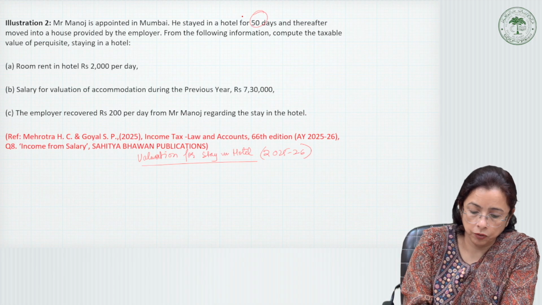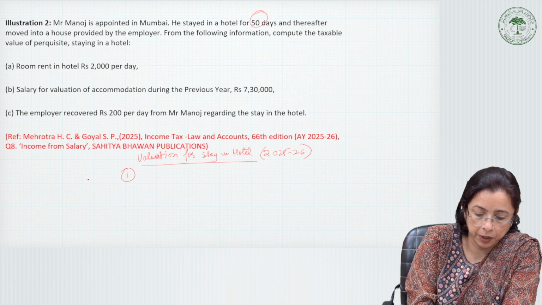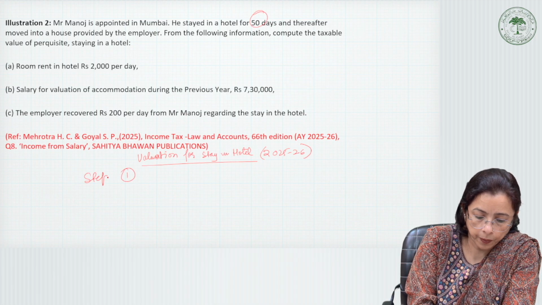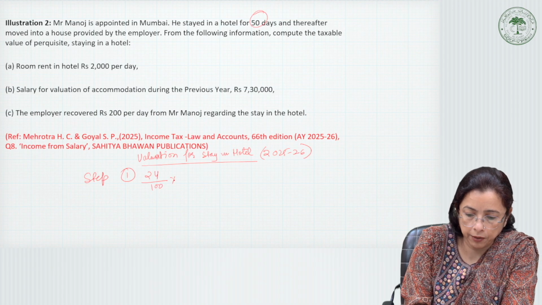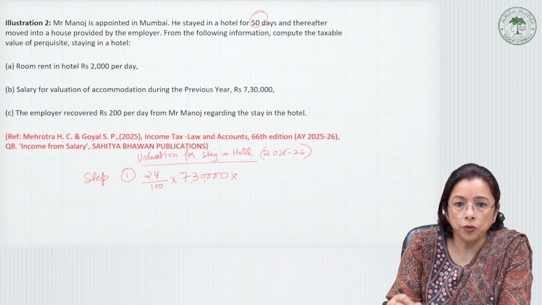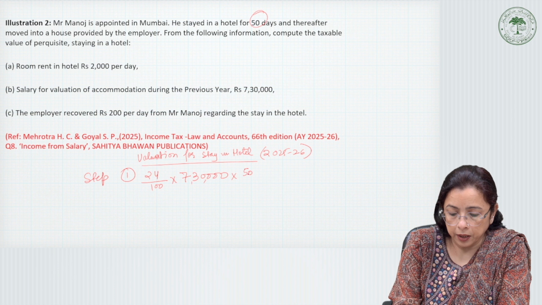So in step number 1, 24% means 24 upon 100 into salary 7,30,000 into 50 upon 365.